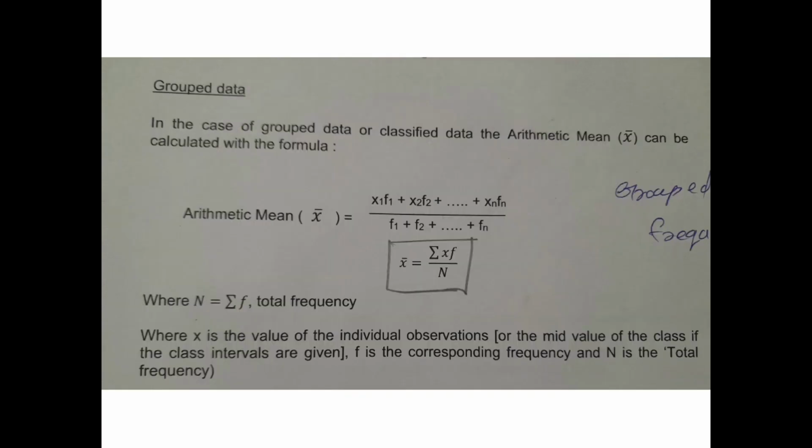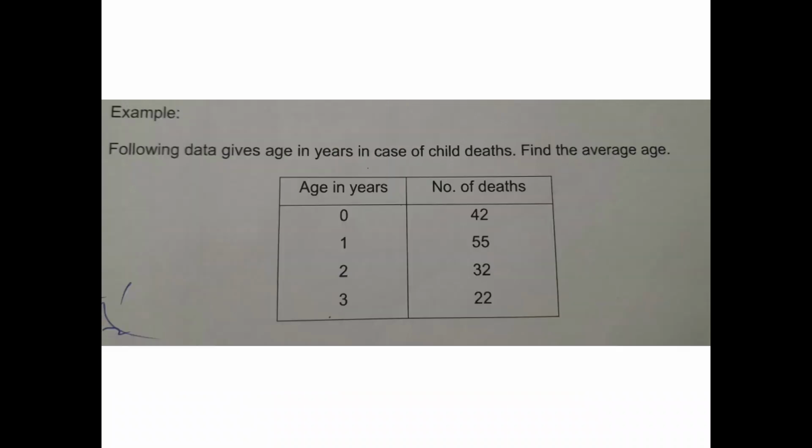Next we will see grouped data. In case of grouped data or classified data, the arithmetic mean can be calculated with a slightly different formula, that is x bar is equal to x1 f1 plus x2 f2 plus up to xn fn, divided by f1 plus f2 plus up to fn. So x bar is equal to sigma xf divided by N. As I already told, in grouped data there will be two values.